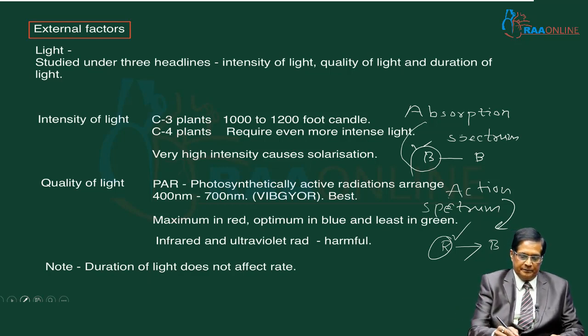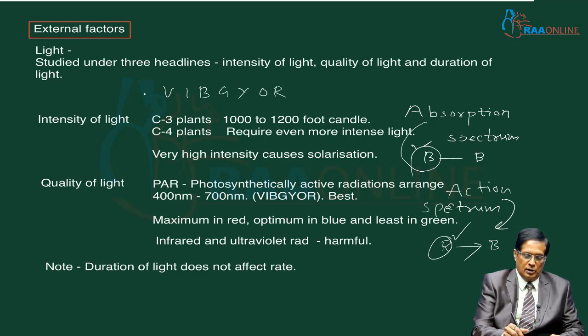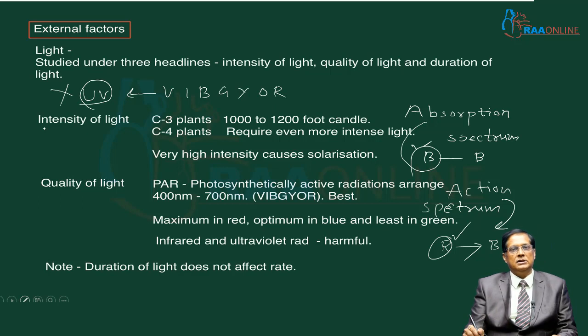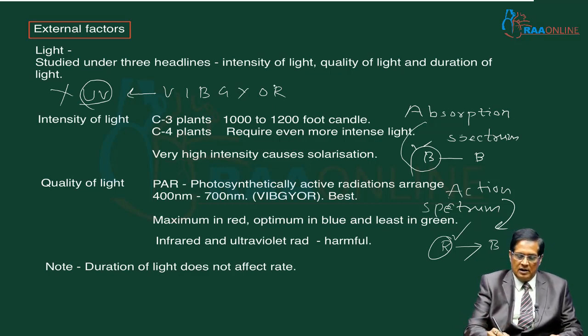Below V, ultraviolet light, UV rays. It is detrimental for the organisms. Above R are infrared light, useless for plant but useful for bacteria.